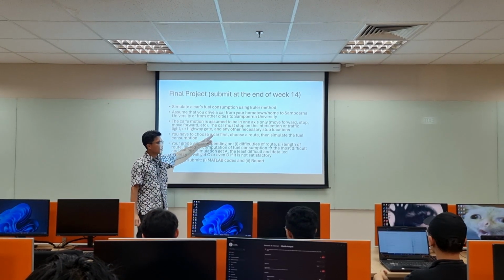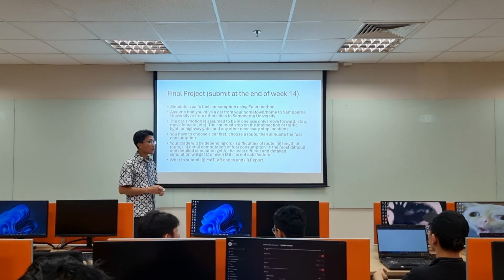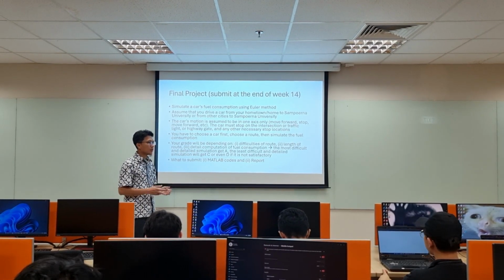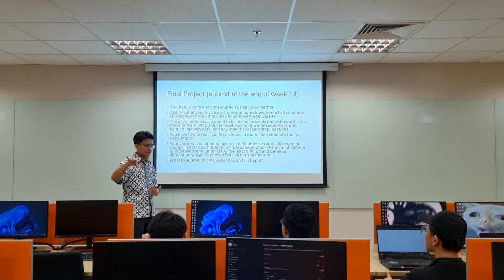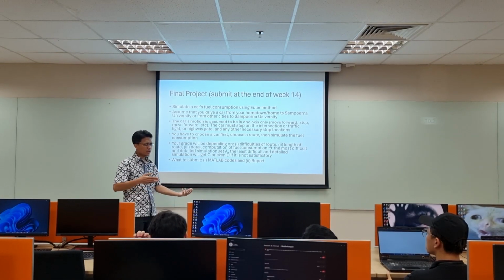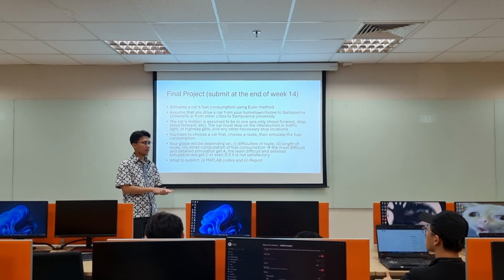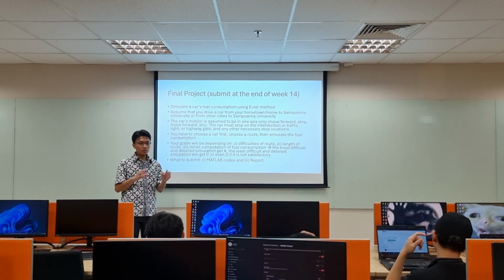Yes, the cars, that's the constant value. It is up to you. Follow the regulation, let's say on the highway, maximum speed is 100. So you can accelerate your car up to 100. After that, you keep constant speed. So how to do that?